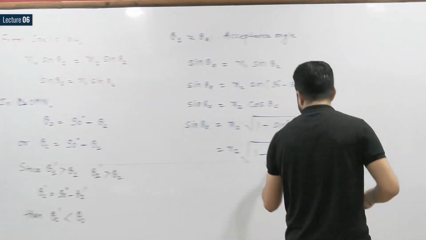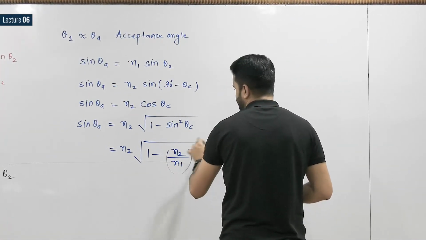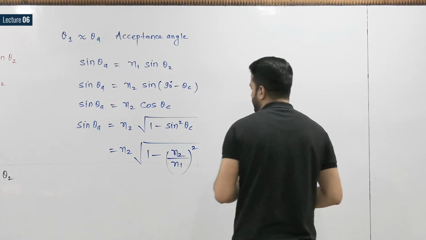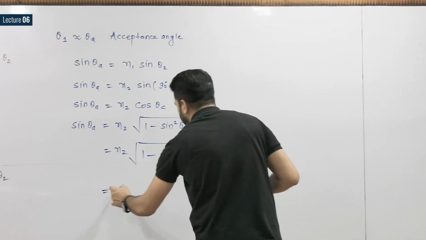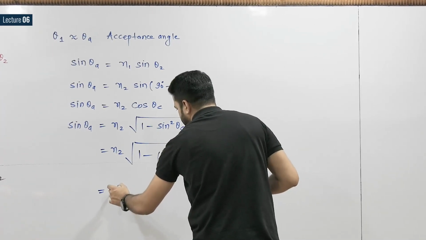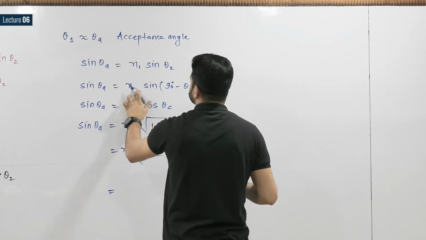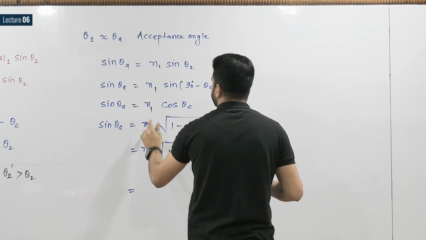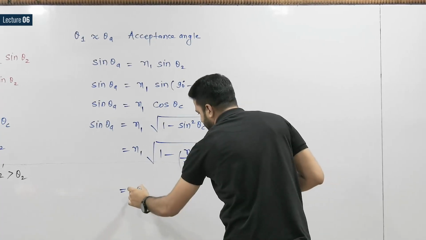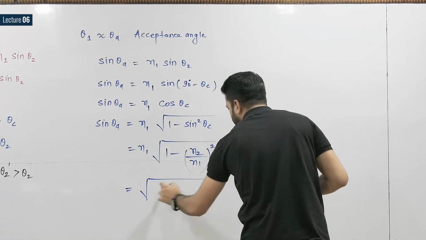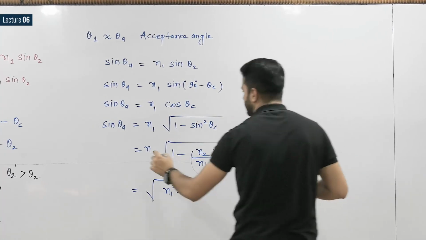So it is n2 by n1 whole square, because this is sine square theta c, right? Now after solving this, it is n1, right? This is n1.